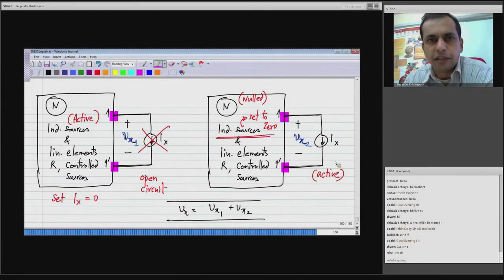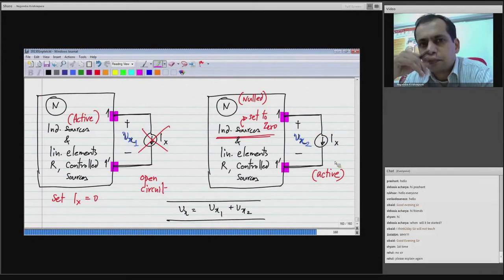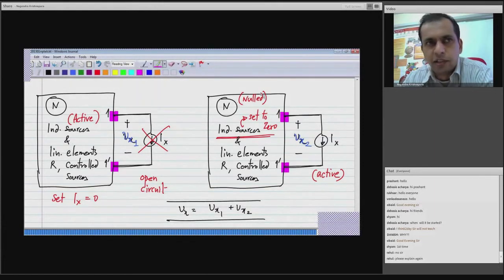Splitting up the circuit like this? Any questions about splitting up the circuit in this manner? That is, first I will activate all the sources inside and deactivate this Ix, then I will null the circuit and have only Ix active.